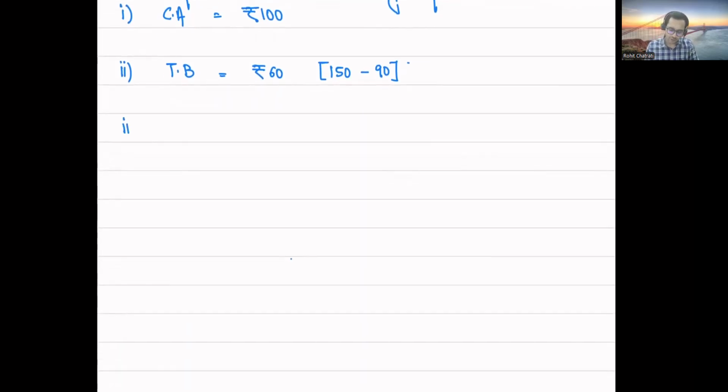Therefore, in future, I am going to have a taxable temporary difference. I decided that it's a taxable temporary difference because in future, I'm going to have a net taxable income of rupees 40: 100 of sales in future, against which depreciation of 60 will be allowed. Therefore, my net taxable temporary difference is rupees 40.